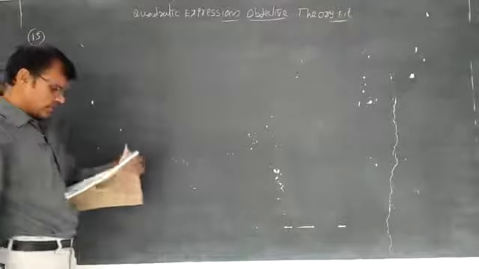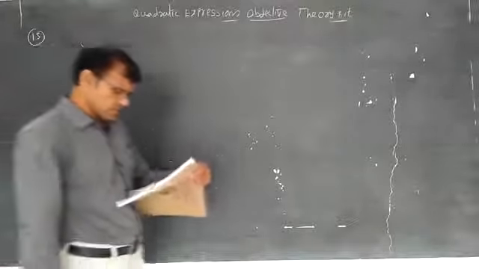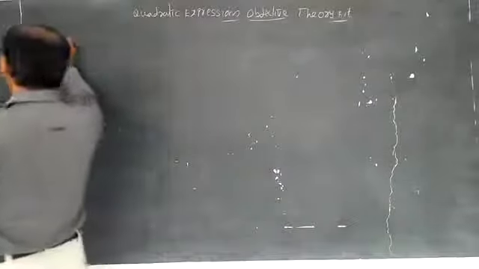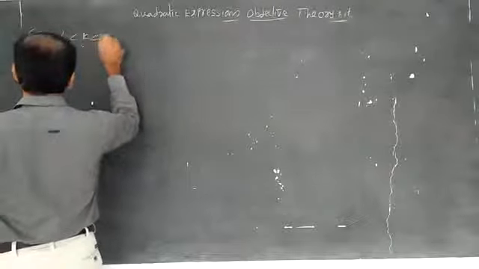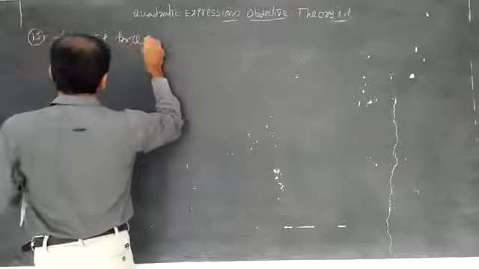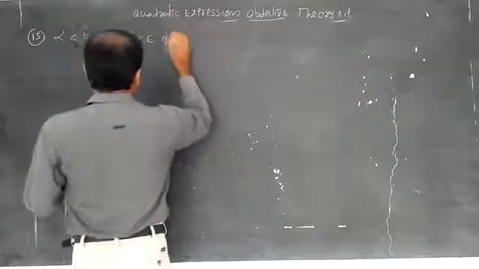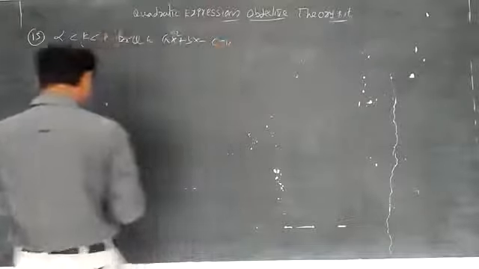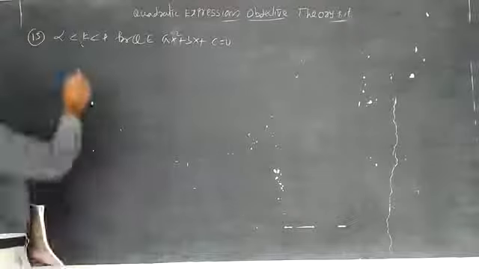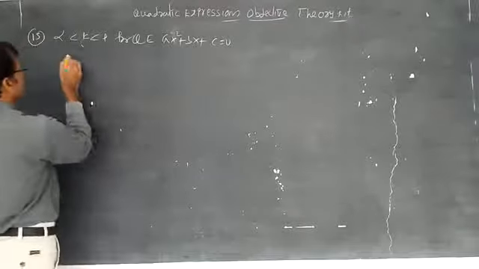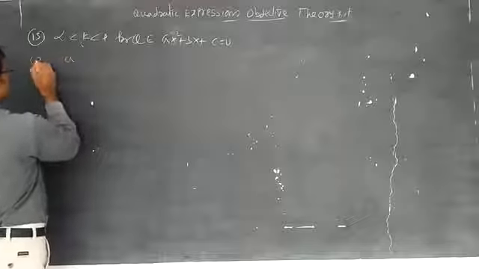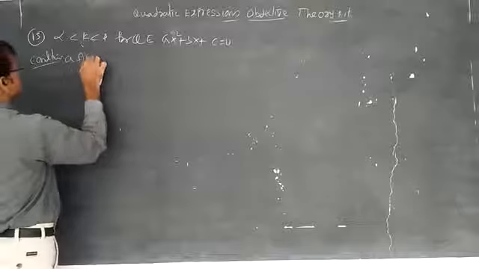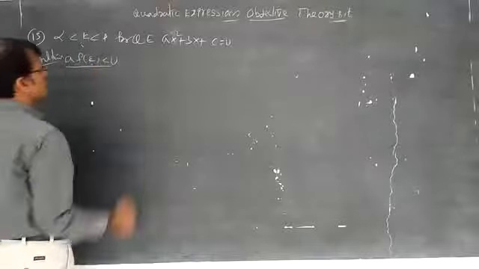15th question: alpha and beta are the roots of the equation ax square plus bx plus c equal to 0, and k belongs to the reals with the condition that alpha less than k less than beta. Students, yesterday we discussed the theory and graphs for the location of roots. For this condition, I said a into f of k less than 0.